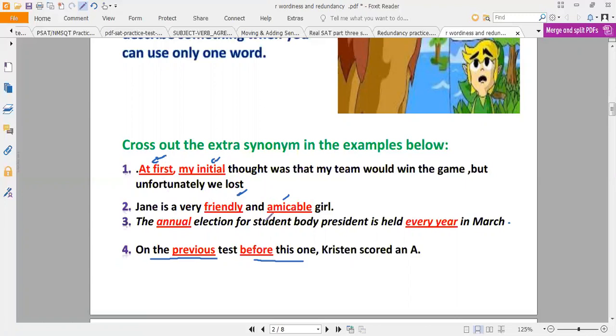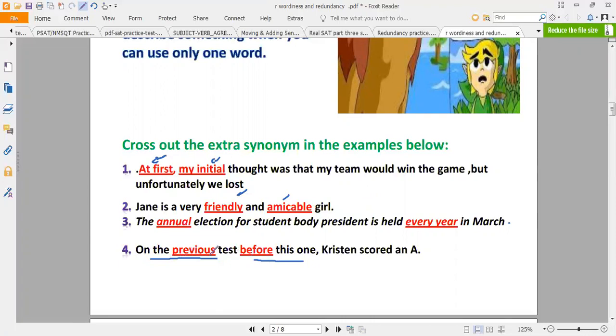Friendly هي amicable. Annual had the same meaning of the word every year، لها نفس معنى every year. طب يعني why should I write every year since I have annual at the beginning of the sentence. On the previous test before this one، ما previous test يعني الامتحان اللي فات هو الامتحان اللي قبل ده، يعني في repetition للاكسبريشنز دي، فانا I should use only one of them.